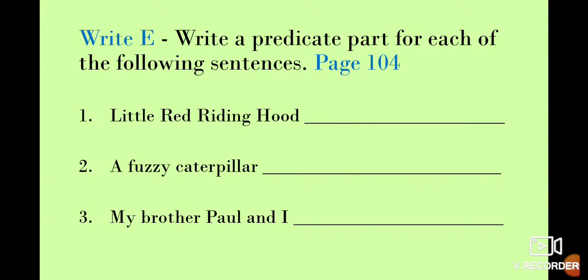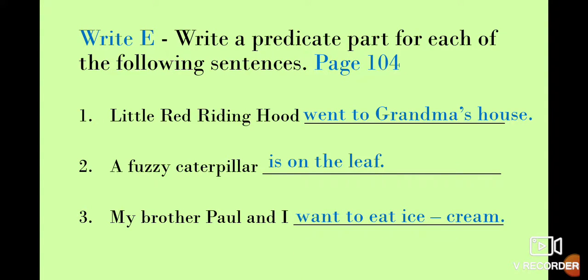Little Red Riding Hood. In this case, we talk about, in Spanish, Caperucita Roja. Yes, Little Red Riding Hood went to Grandma's house. It's a possibility. You can write different answers. Number 2, a fussy caterpillar is on the leaf. Number 3, my brother Paul and I want to eat an ice cream. Remember, you can write different answers.